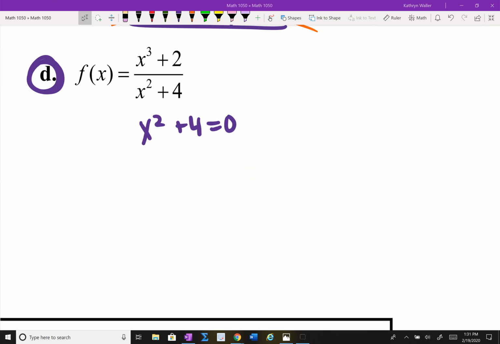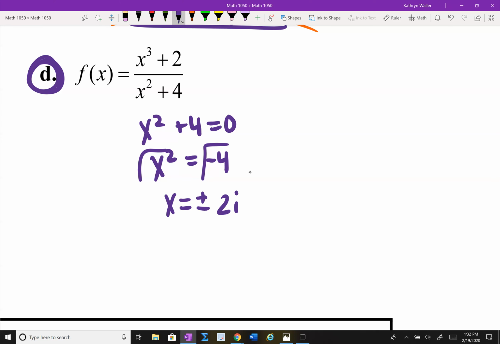If you just pull that 4 over, it becomes a negative. So you have x squared equals -4. What would you do now? Square root. So you get x equals, what comes right after the equals? Plus or minus. And what's the square root of -4? 2i. Okay. Now let's talk about this.